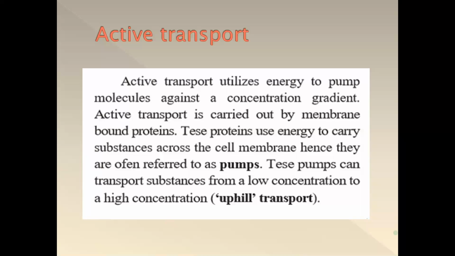These proteins use energy to carry substances across the cell membrane. Okay, so crossing the cell membrane, the nutrients are carried through to the nucleus and cytoplasm inside. Okay, so hence they are often referred to as pumps.